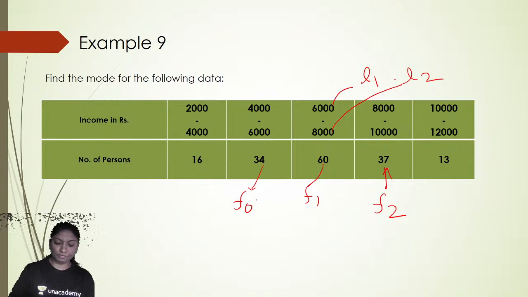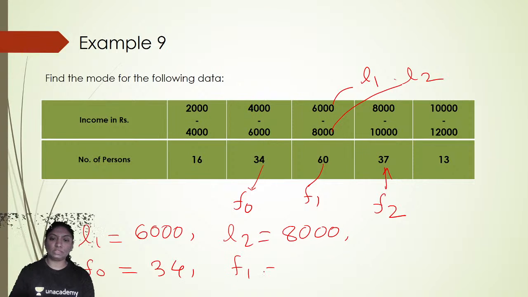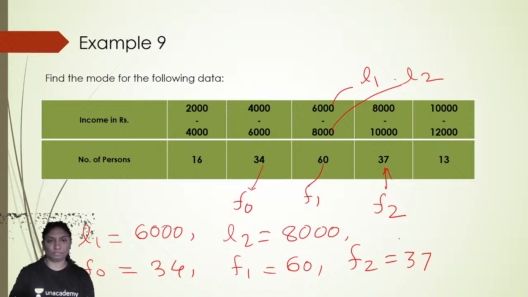F0, F1 and F2 here. Then everything whatever we required to calculate the mode is already calculated here. See, I am writing here. L1 is equal to 6000, L2 is equal to 8000. Okay. F0 is equal to 34, F1 is equal to 60, F2 is equal to 37.